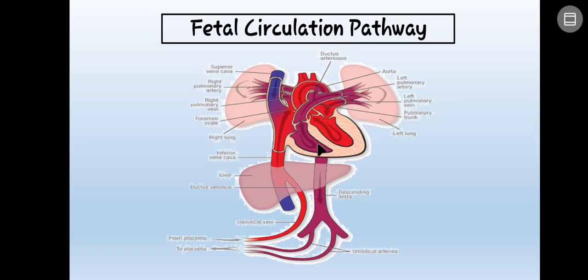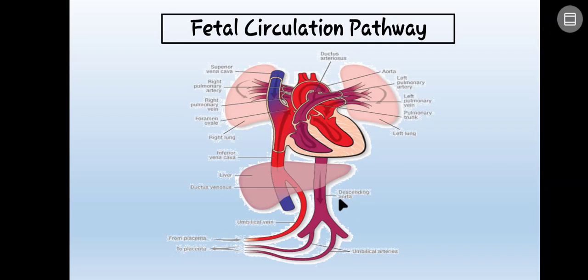From there it moves to the various parts of the fetus, through the smaller arterioles, then to the capillaries, and at the capillary level, exchange of gases and nutrients takes place. Then the baby's tissues utilize the oxygen and nutrients, and the end products come back through the smaller venules.